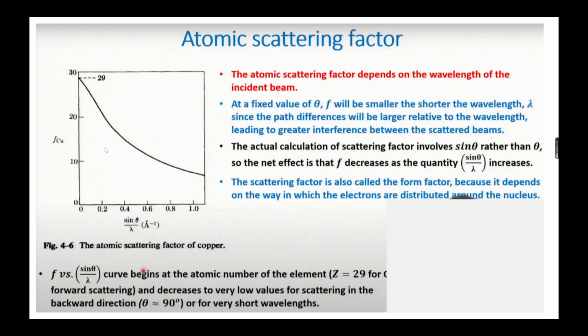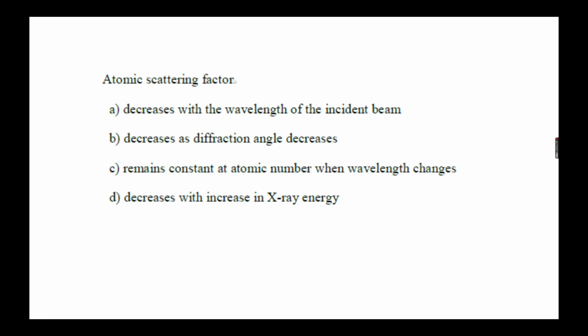F decreases as the quantity sin theta by lambda increases. So when the lambda decreases, this overall will increase and that will decrease the atomic scattering factor, right? So here the atomic scattering factor will decrease with the wavelength of the incident beam, right?